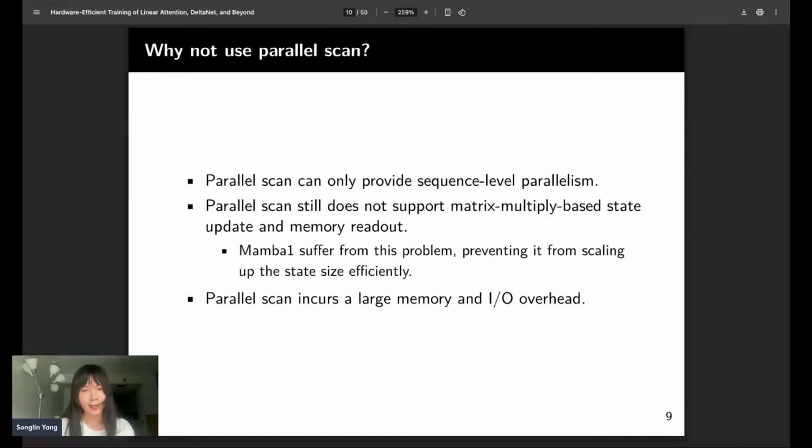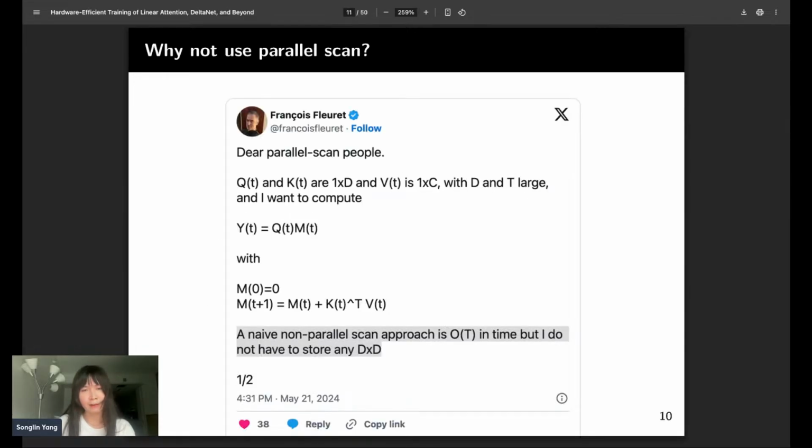Finally, the parallel scan tends to incur a very large memory and I/O overhead. For the recurrent form, we only need to maintain a single recurrent state of size d by d. But for parallel scan, especially when the state size is too large, we cannot fit it into the shared memory. So we must materialize it into the HBM, and this is where you need to maintain a lot of recurrent states, which is super memory consuming.